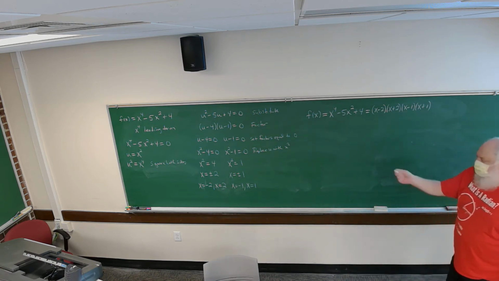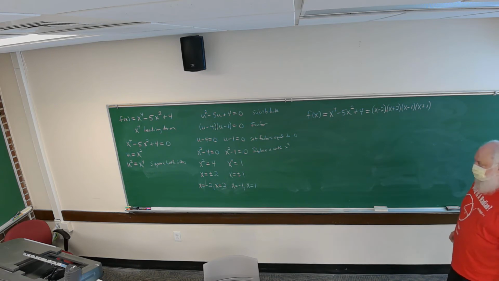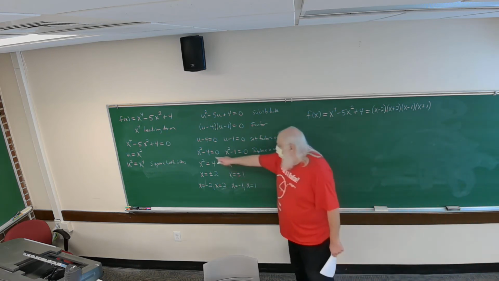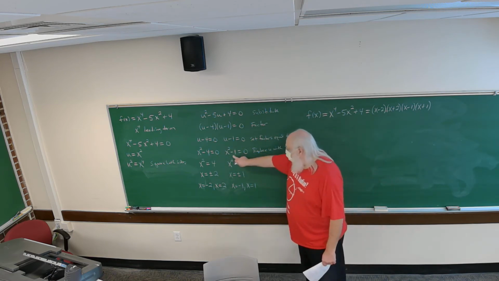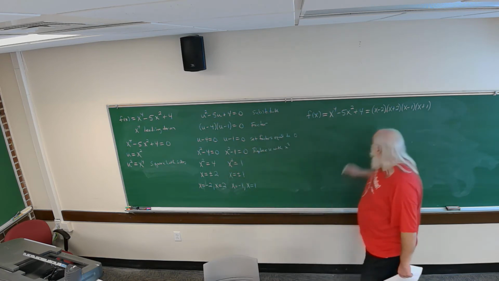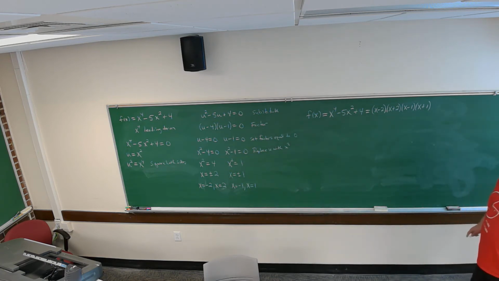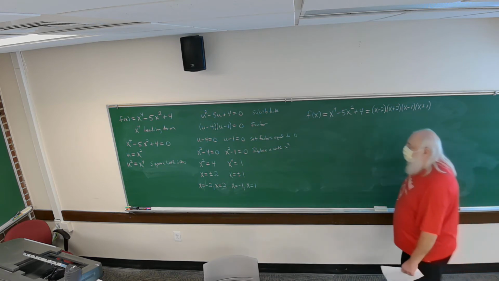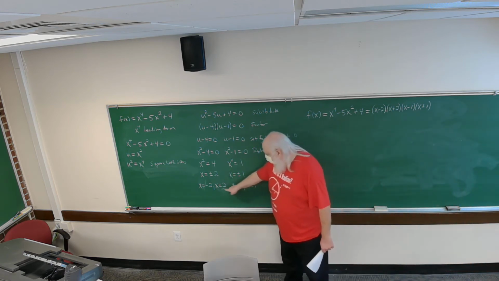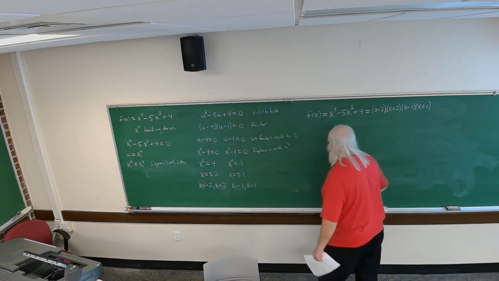That might be more obvious if I had factored instead of using the square root method. x squared minus 4 factors into x plus 2 times x minus 2, and x squared minus 1 factors into x plus 1 times x minus 1. So the exponent on each of these factors is 1. And so the graph of this polynomial function is going to cross the x-axis at each of these x-intercepts.